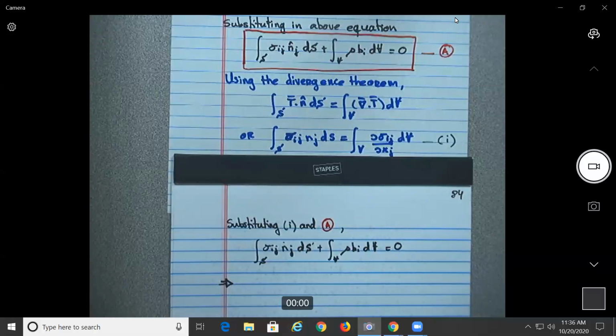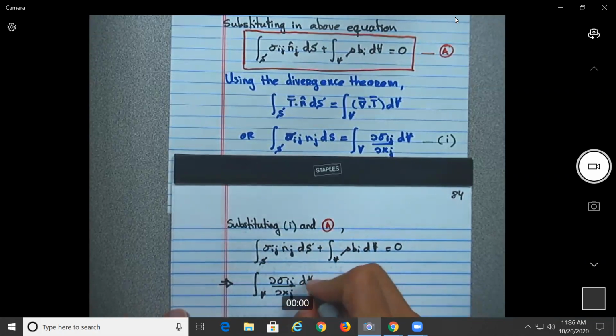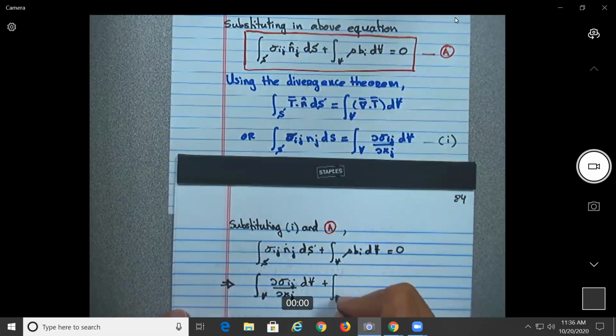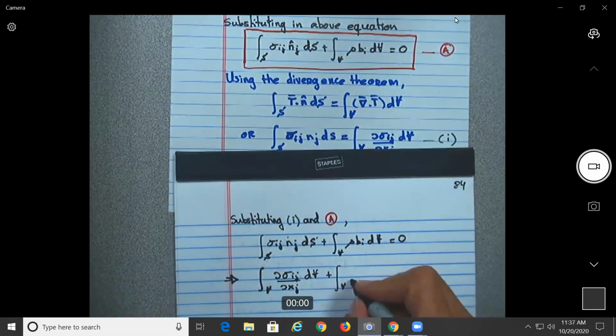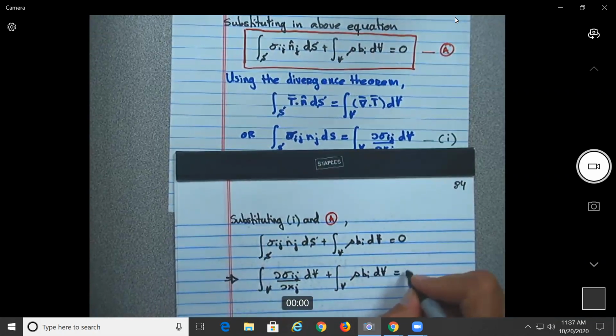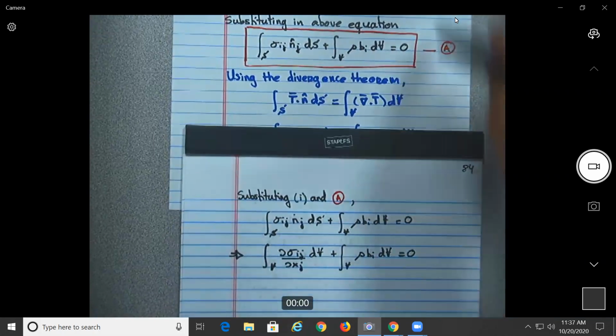So what you're going to get over here is the integral of volume of partial sigma_ij partial x_j dV plus the integral of volume rho b_i dV equal to 0.